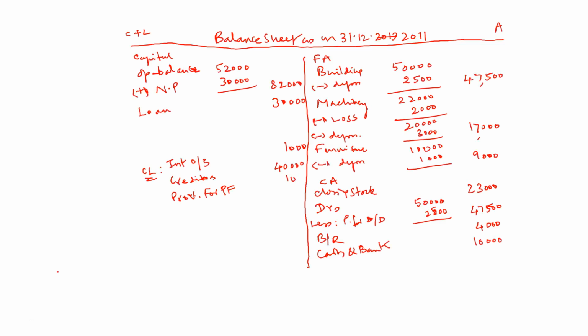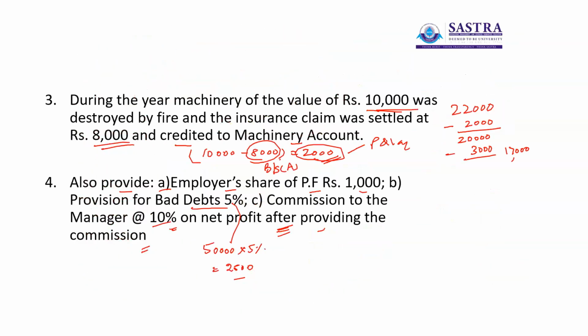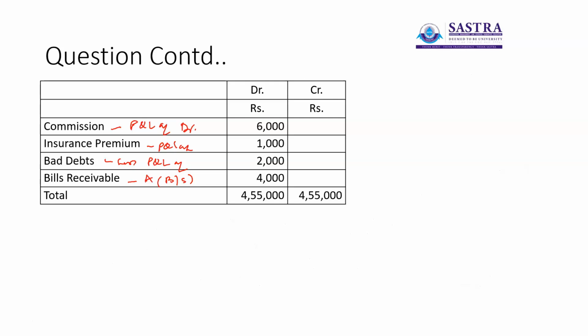And provision for manager's commission, $3,000. So I think almost we have given effect to all aspects of both trial balance as well as adjustments.